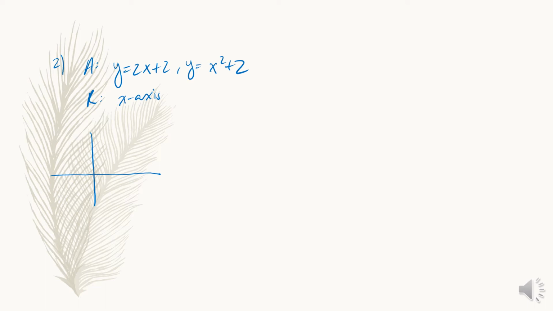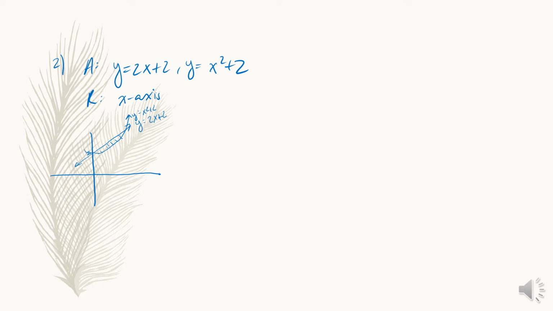My area is going to be bounded by y equals 2x plus 2. That's a line going through this point here at 2. And then I have y equals x squared plus 2, which is a parabola that goes through this point. So here is my area, this little sliver right here.